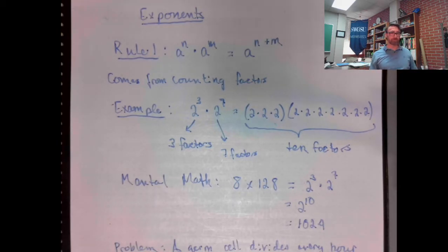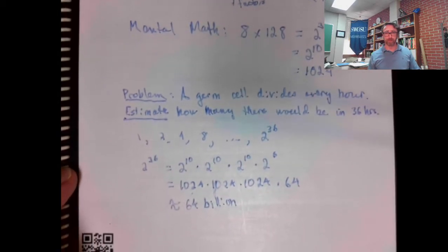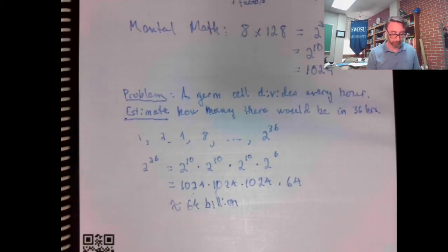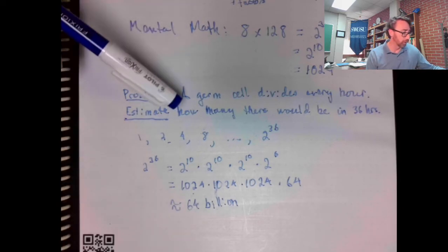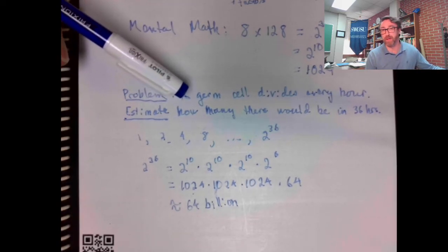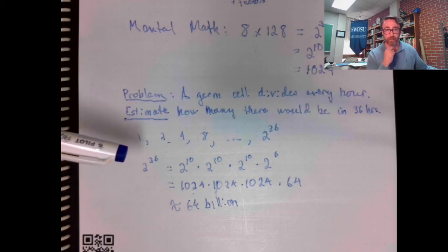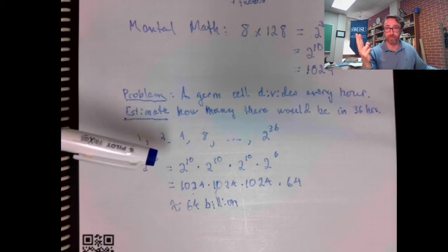Oh, and here's an interesting little applied problem. A germ cell divides every hour. We want to estimate how many of these germ cells there will be in 36 hours. Well, we start out with 1, and then after an hour we have 2 because it's divided.